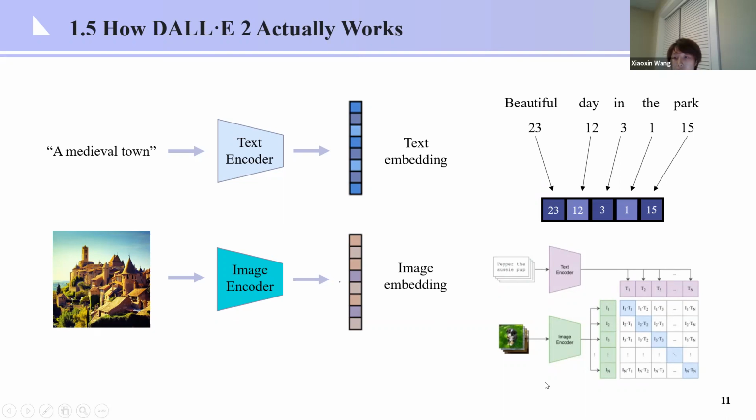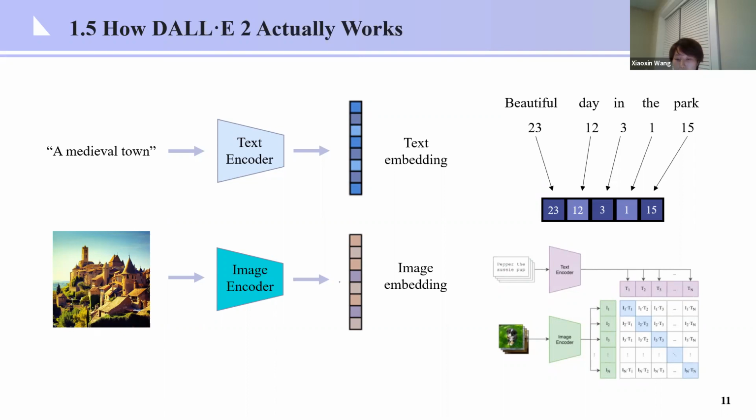A matching pair, the blue one, in which an image is paired up with its corresponding caption, and a mismatching pair, the gray one, in which an image is paired up with any other caption. The encoders try to map the matching pairs to nearby points on this globe, and mismatching pairs to distant points.